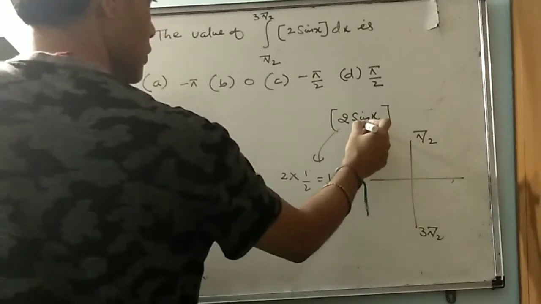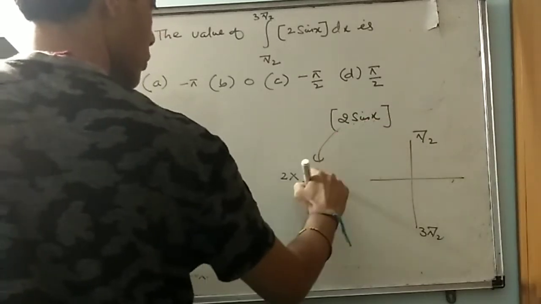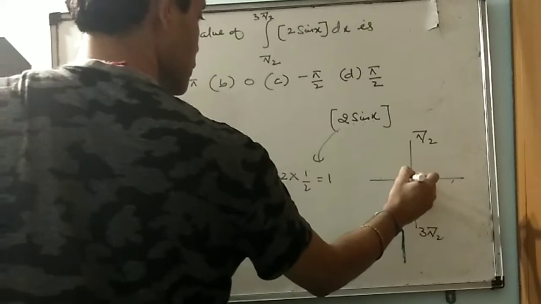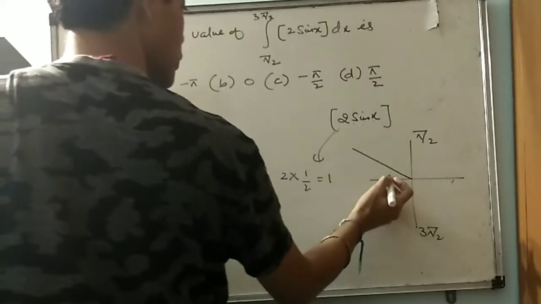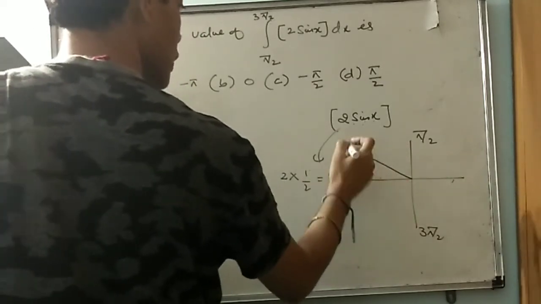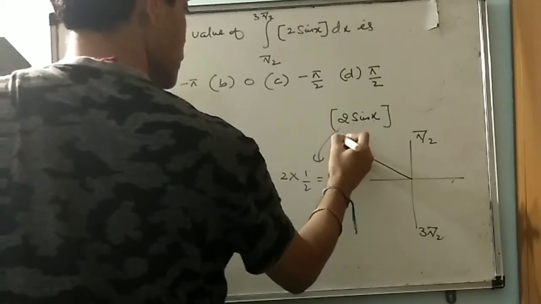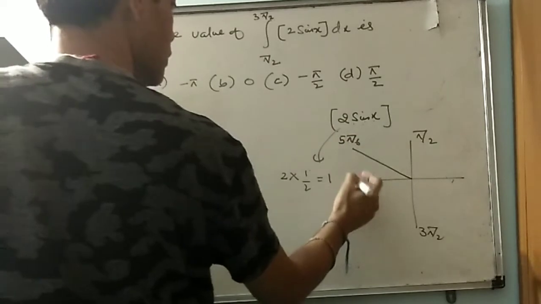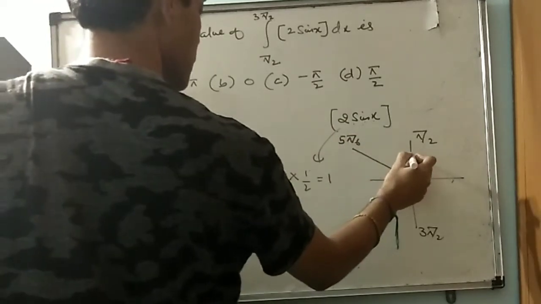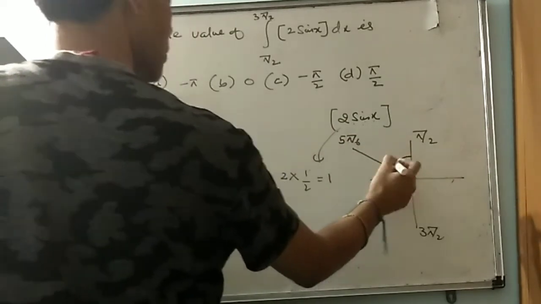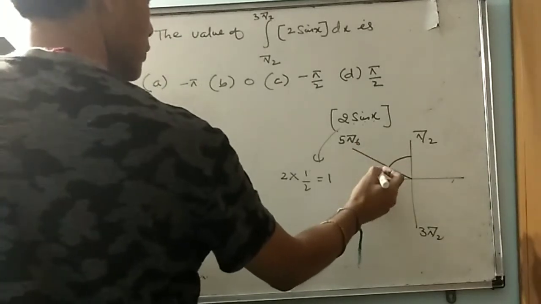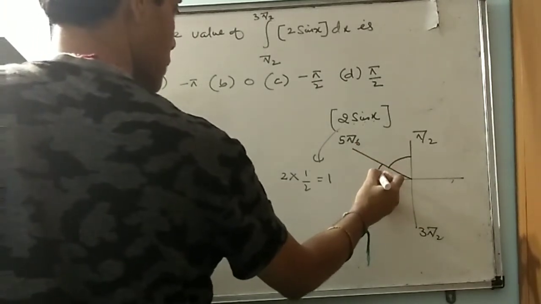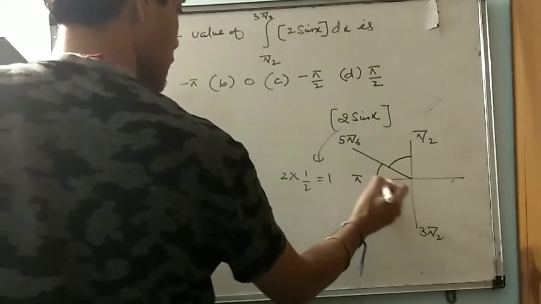First time, 1 by 2 will be when it is making 150 degree. You take it as 5 pi by 6. So pi by 2 to 5 pi by 6, that will be the first quadrant. Then from 5 pi by 6 will go up to pi.